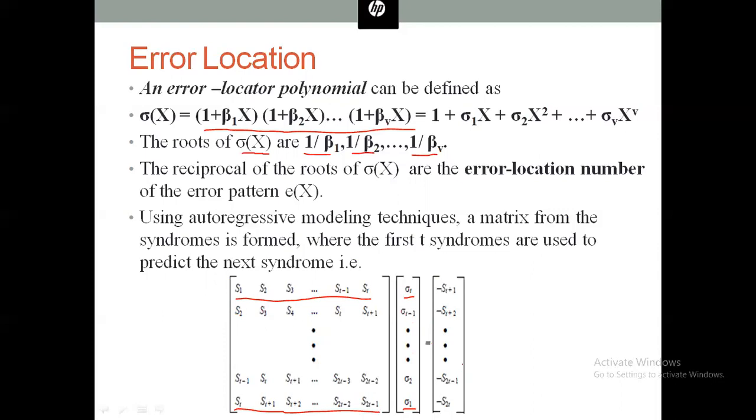So this in fact is the syndrome matrix which helps us to locate the error polynomial, and once we locate the error polynomial, then we will try to find the values of these polynomials.